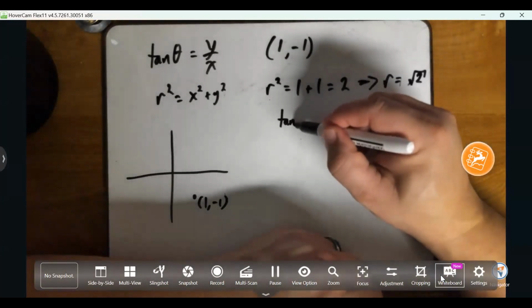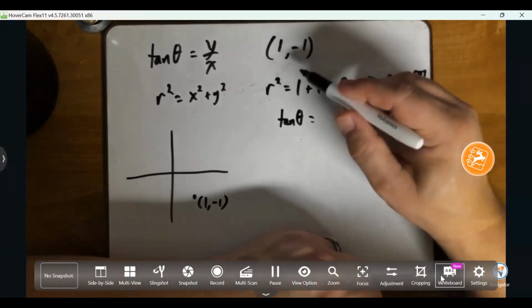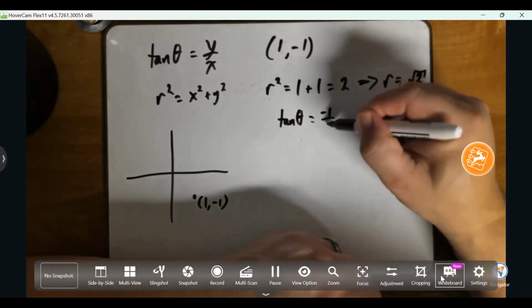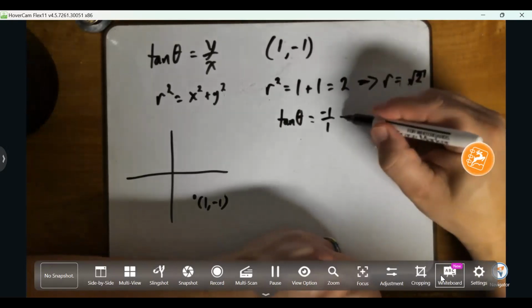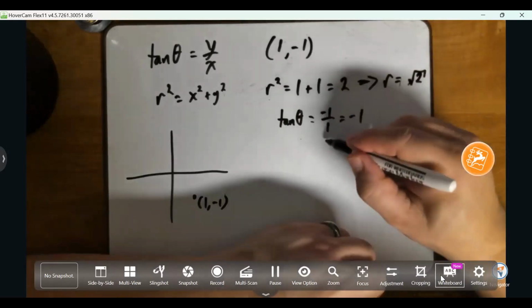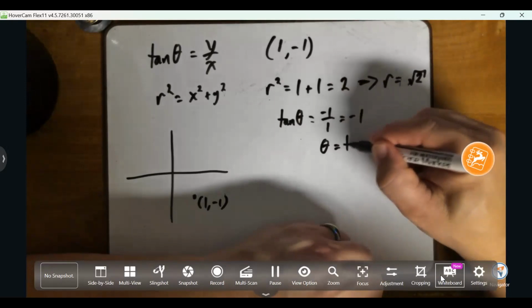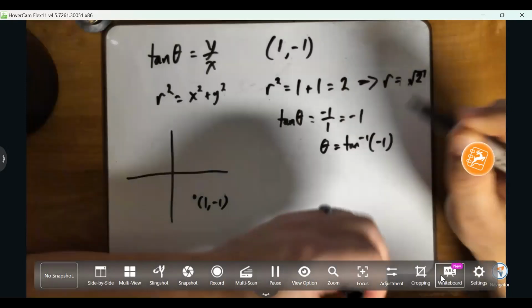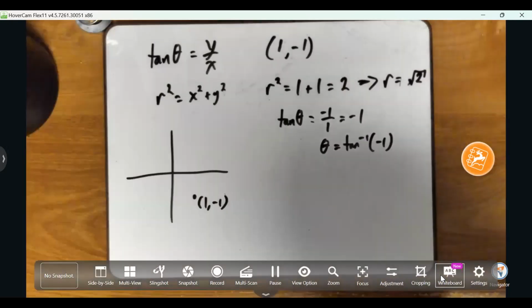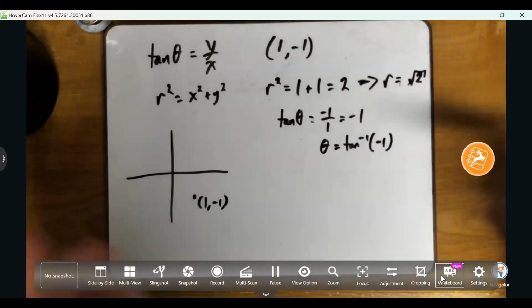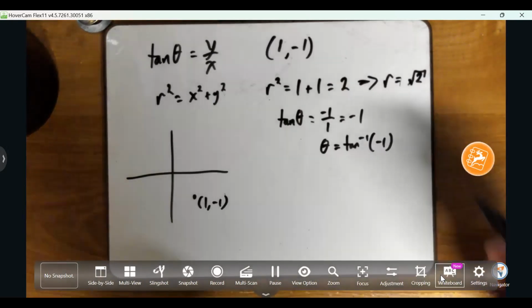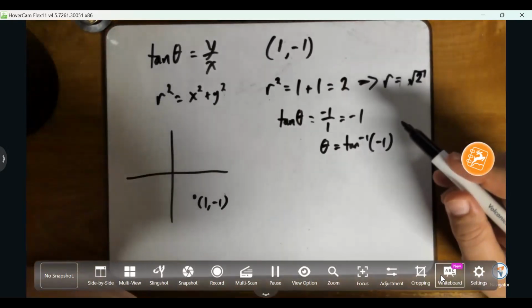The tangent of our angle theta is going to be y over x, so that's negative 1 over 1, or negative 1. So if I do the inverse tangent of minus 1, there's a couple of ways I could do that. I could do the inverse tangent of minus 1 and see what I get out, or I could just think.